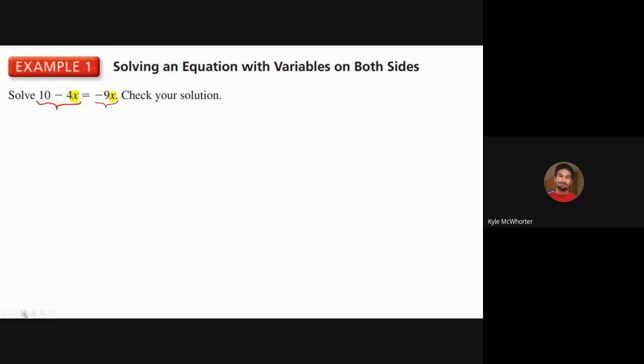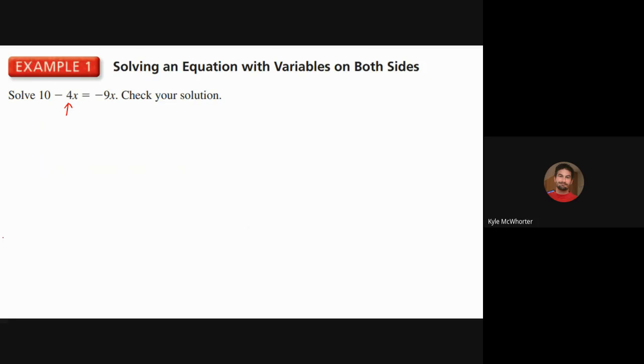So next, we want to use inverse operations to get variables off of one side. Technically, it doesn't matter which side you get it off of, but there are situations where one side might be better than the other. For this situation, I would probably want to get rid of the negative 4x, because if I were to get rid of the negative 9x, then it would just be equals 0, and everything would be on one side of the equation.